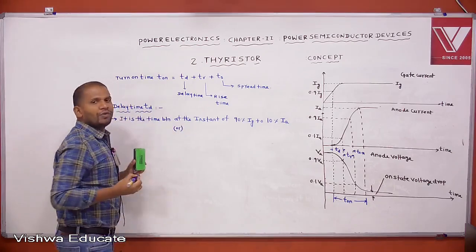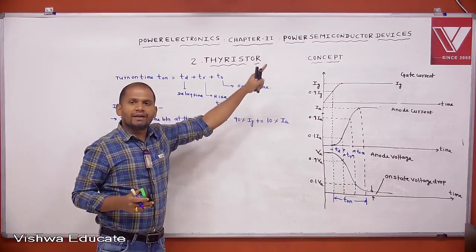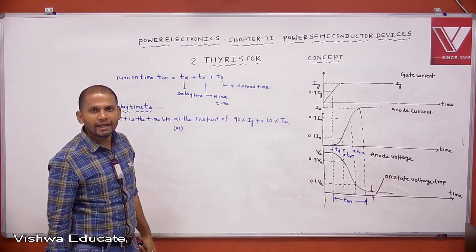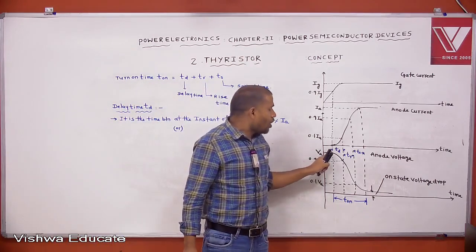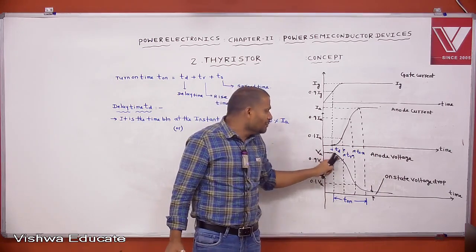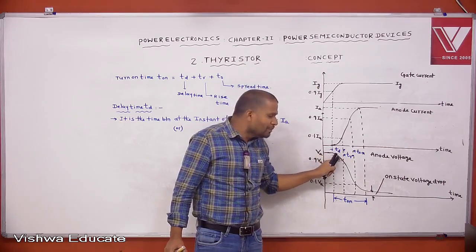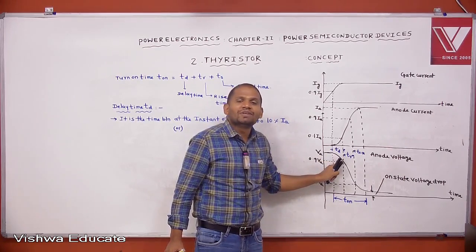Or we also define it with respect to voltage. With respect to current means increase of current. With respect to voltage means fall of voltage, because it is a turn on transition. Now, how to define delay time with respect to voltage? It is the time taken for the fall of voltage from 100% Va to 90% Va. That is, it is the time between 100% Va to 90% Va.